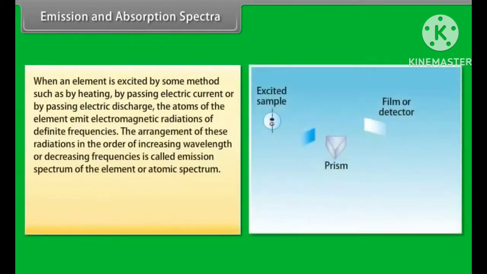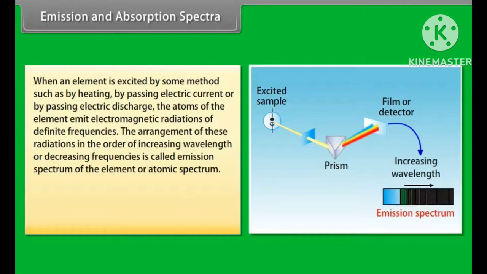Emission and absorption spectra. When an element is excited by some method, such as by heating, by passing electric current, or by passing electric discharge, the atoms of the element emit electromagnetic radiations of definite frequencies. The arrangement of these radiations in the order of increasing wavelength or decreasing frequencies is called the emission spectrum of the element or atomic spectrum.